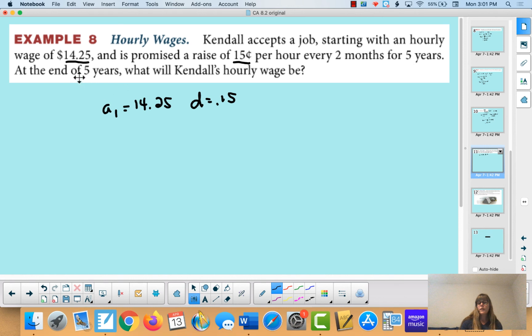So the question is asking, after 5 years, what will her hourly wage be? So we're looking for a sub n, but we have to figure out what n is. So we don't want years. n's not 5 because it goes up every 2 months. So we need to know how many 2-month periods there are in that 5 years. Well, 5 years is 60 months. So we take 5 years times 12. Well, 60 months is actually 30 2-month periods.